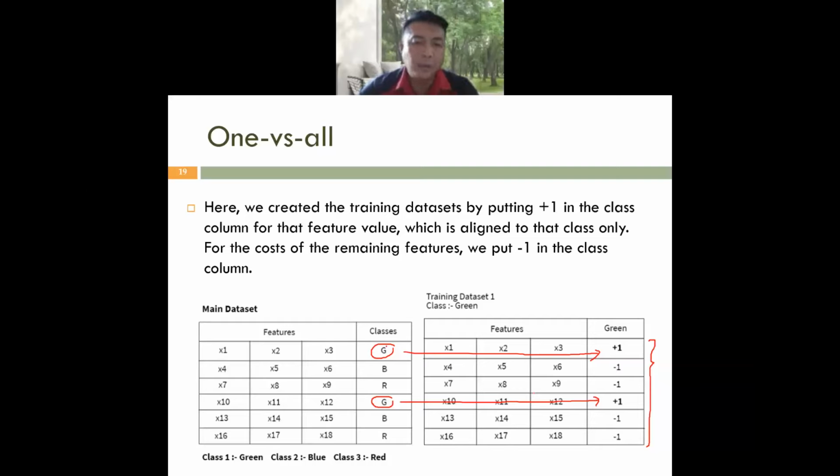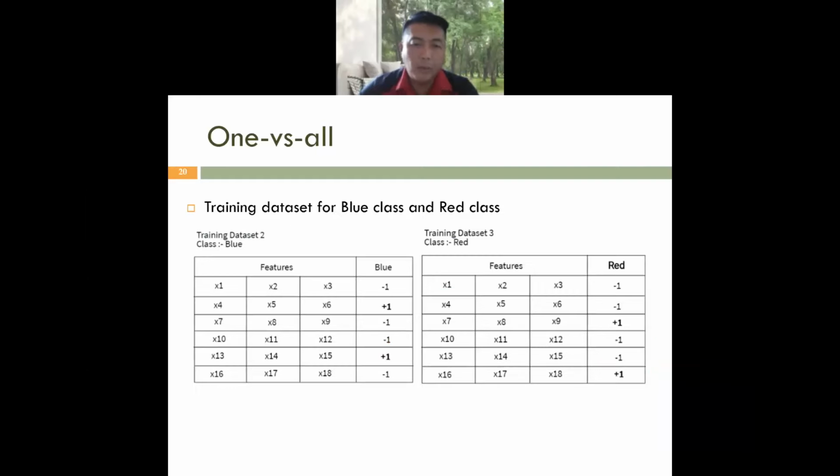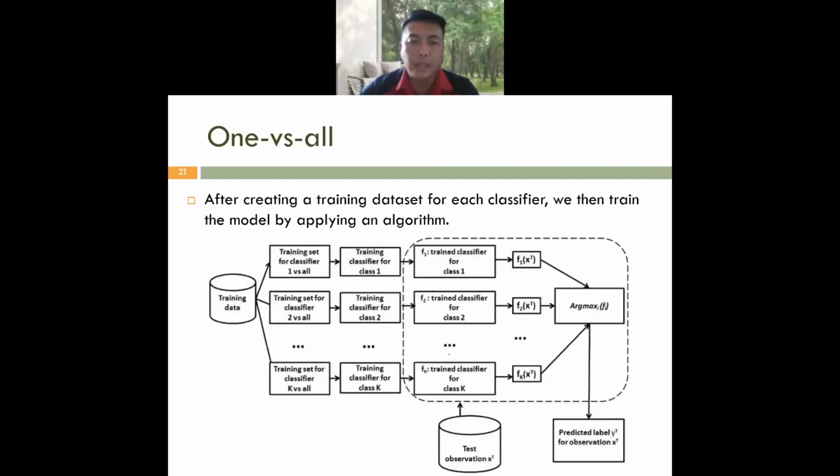Similarly for the training data set for the blue one, we have the positive here, and the red one is this one. Then we feed into the classifier. Class one is green, then blue, then red. In our example, the classes are only up to three.